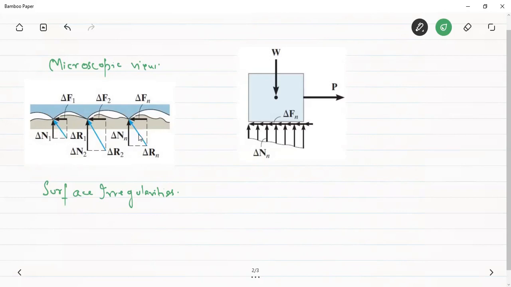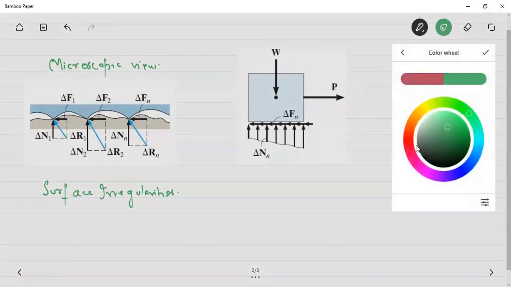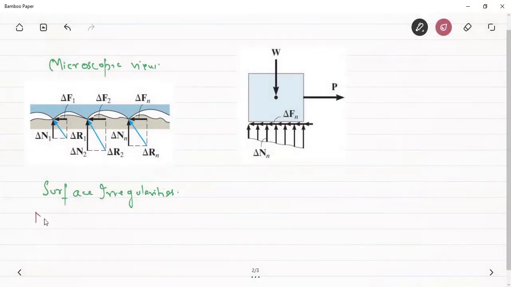What we want to infer from this is that the normal reactions are not uniformly distributed. In actuality, they are different at different points of contact.